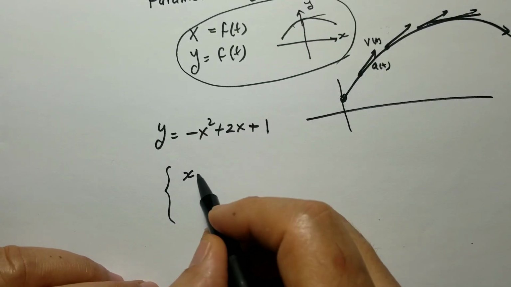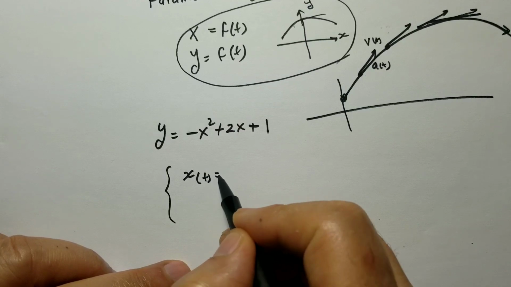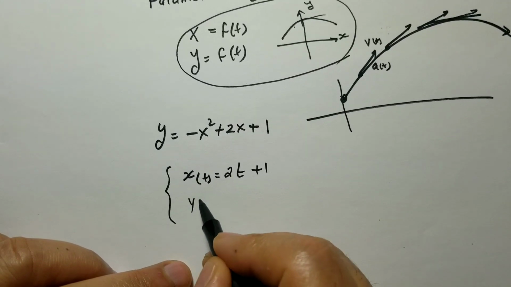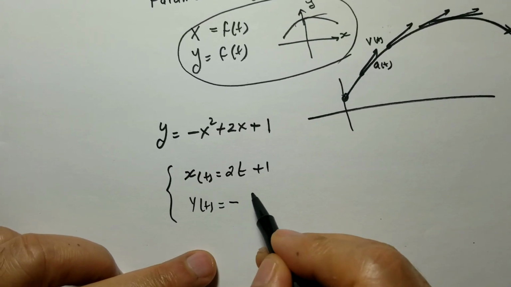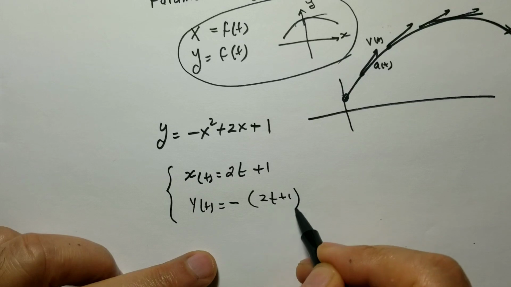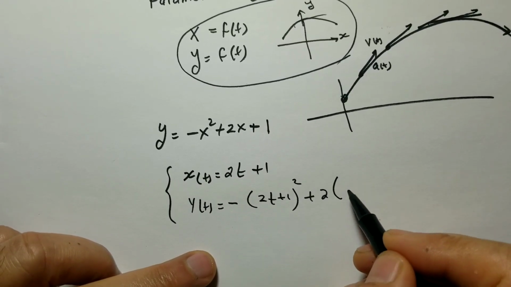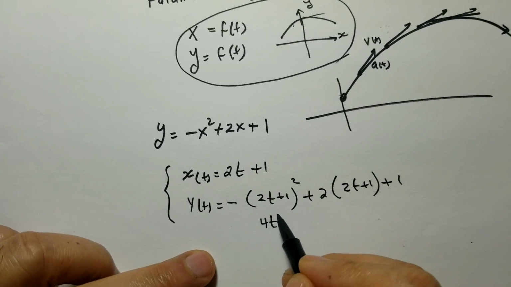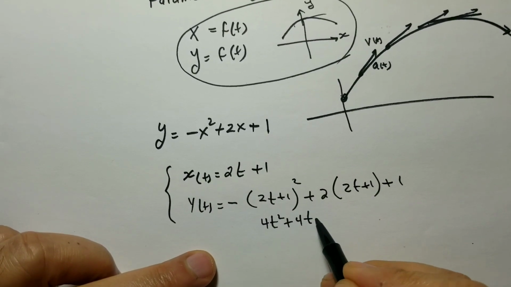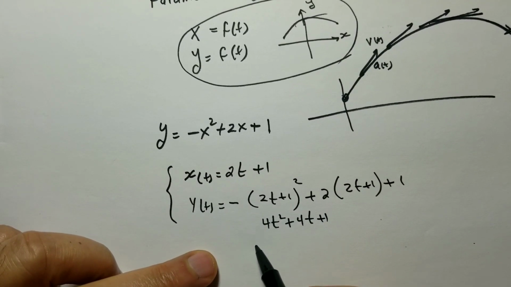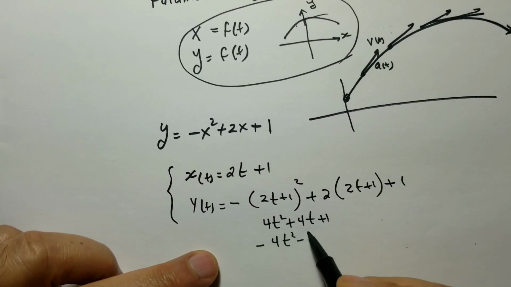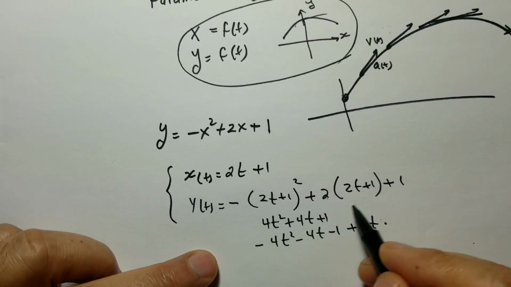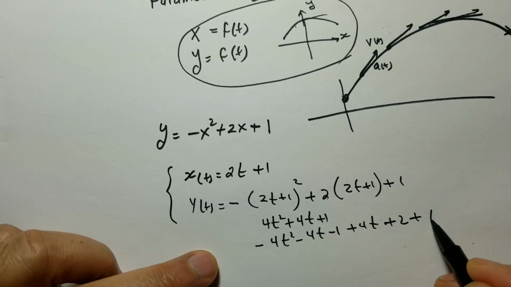And I make my x of t equal to 2t plus 1. And my y of t is equal to negative (2t plus 1) squared plus 2 times (2t plus 1) plus 1. That becomes 4t squared plus 4t plus 1, and when I apply the negative, it becomes negative 4t squared minus 4t minus 1, and then the plus 4t, and that becomes a plus 2 and a plus 1.